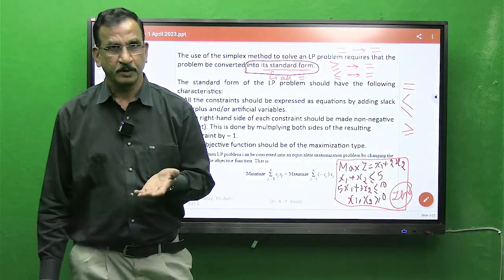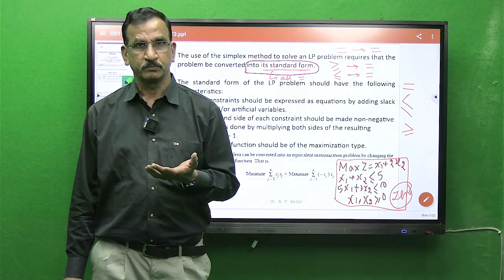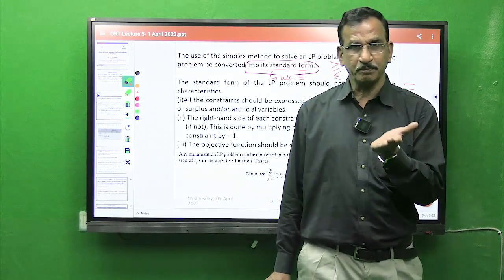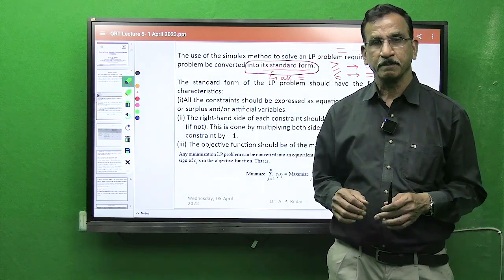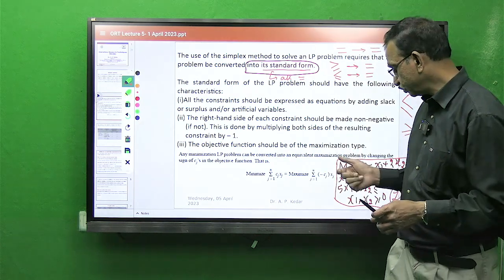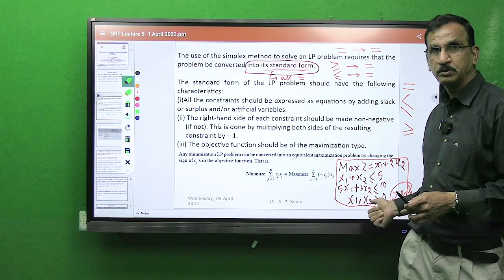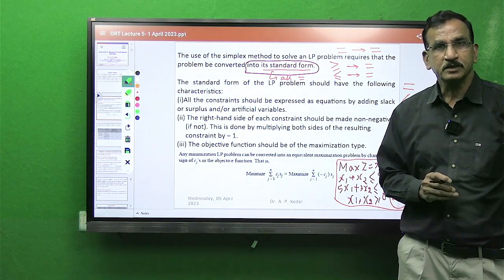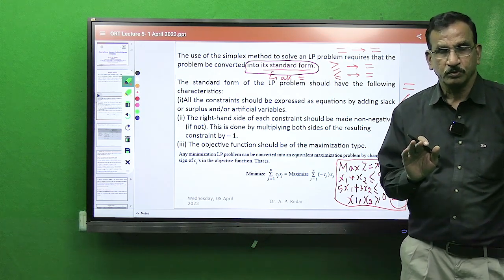This is one point. And now this simplex algorithm which we are discussing is a step-by-step process. The meaning of step-by-step process is we are starting from scratch. When I am supposed to find the values of x1 and x2, I will start from very scratch, and scratch is x1 and x2 equal to 0.